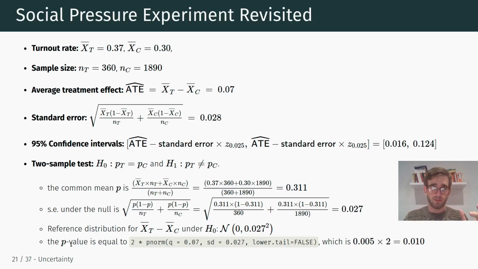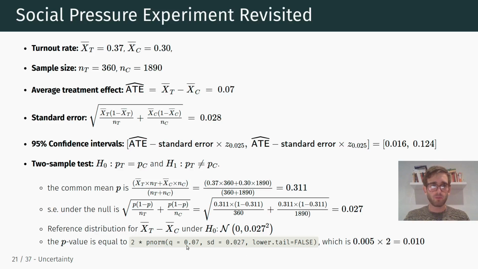Then based on this reference distribution and the observed difference of 0.07 that we actually see, we can say that the p-value is equal to 2 times, again because this is a two-sided test, p norm for 0.07, so observing a value larger or equal to 0.07 for a normal distribution with standard error of 0.027, which we specified here, and a mean of 0.